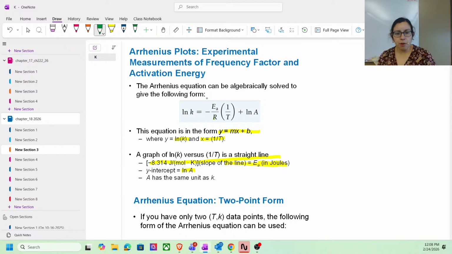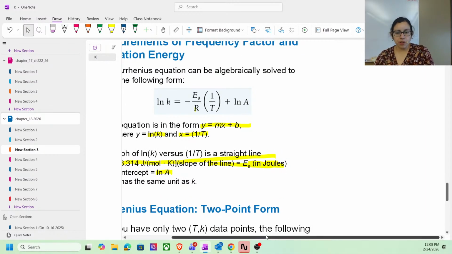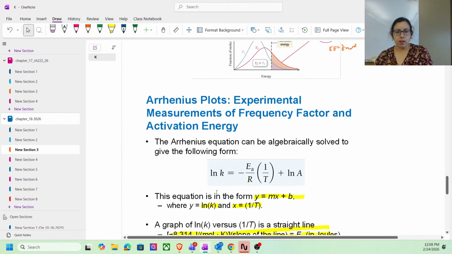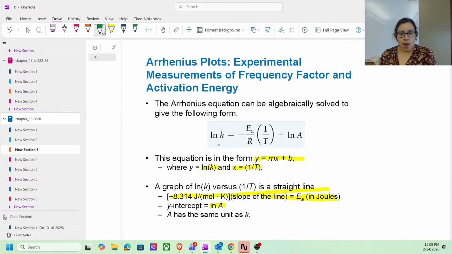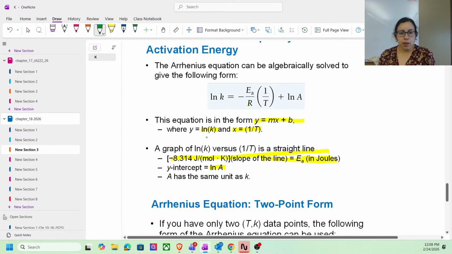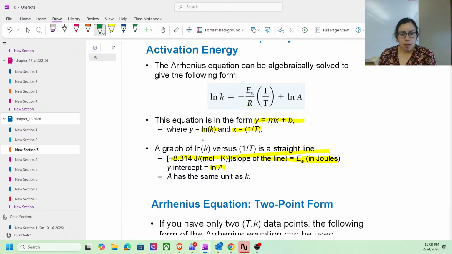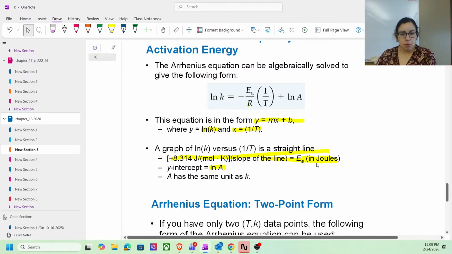We can throw it into this y form, looking at this version of our Arrhenius equation, y equals mx plus b. And I believe we do this in lab, if I remember correctly. You can graph the natural log of k, our rate constant, versus 1 over T, and get a straight line, and then calculate the slope of our line.